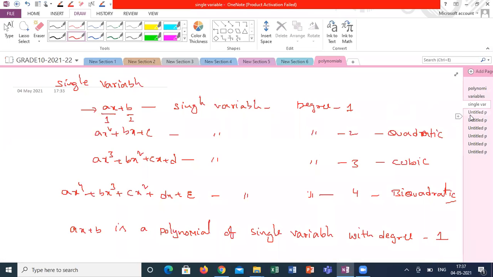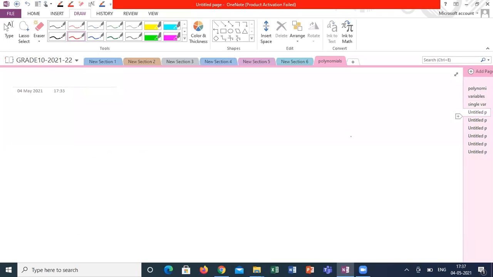Suppose the same thing I can take in a different way. A linear equation of two variables, ax + by + c. This is a linear equation whose degree is 1, but with two variables. This is also a polynomial of two variables of degree 1.